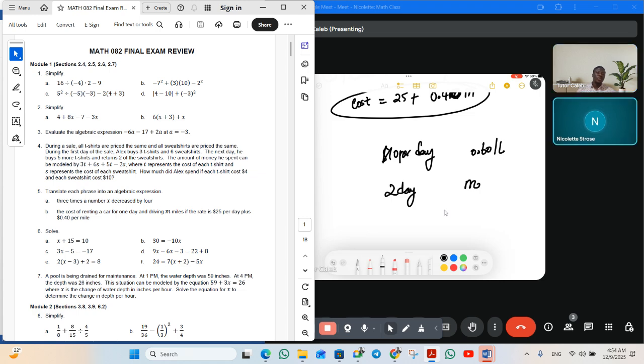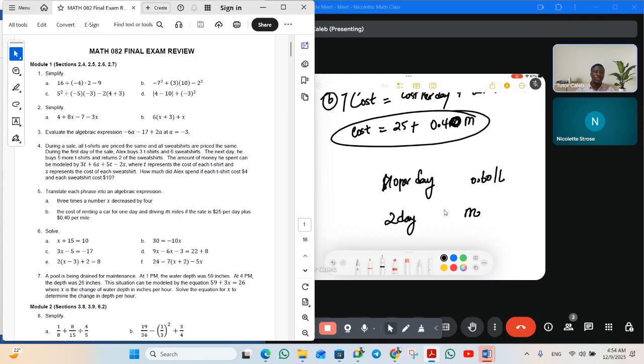What's the algebraic expression for the cost of using that room? They don't want us to solve it, they just want us to write it out. Yes, you cannot even solve it because you don't know M. What is the cost of using the room for 2 days? So do I put 10 times 2?